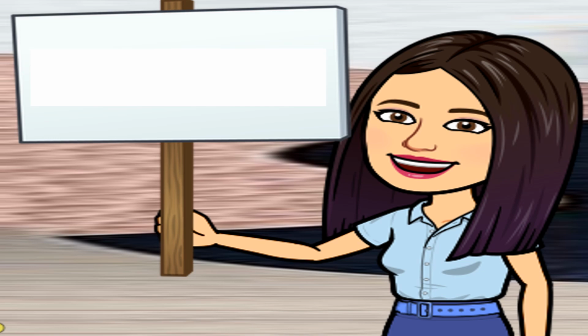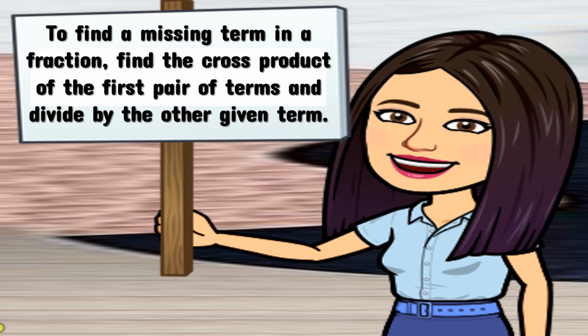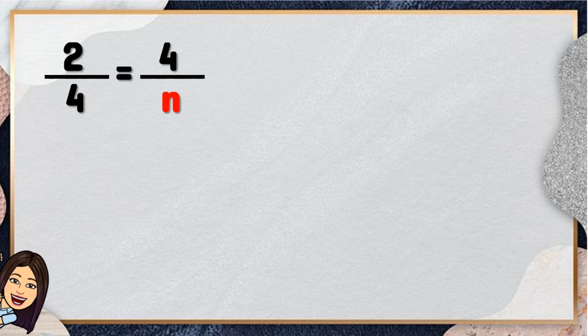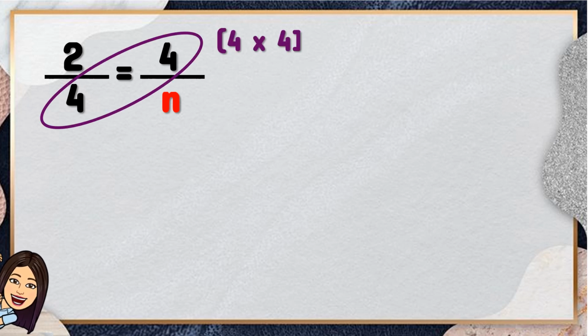And the last way is to find a missing term in a fraction: find the cross product of the first pair of terms, and divide by the other given term. In these given fractions, the denominator of the second fraction is missing. So, let's start finding it by using the cross product method. Let's start by multiplying the denominator 4 by the numerator 4.